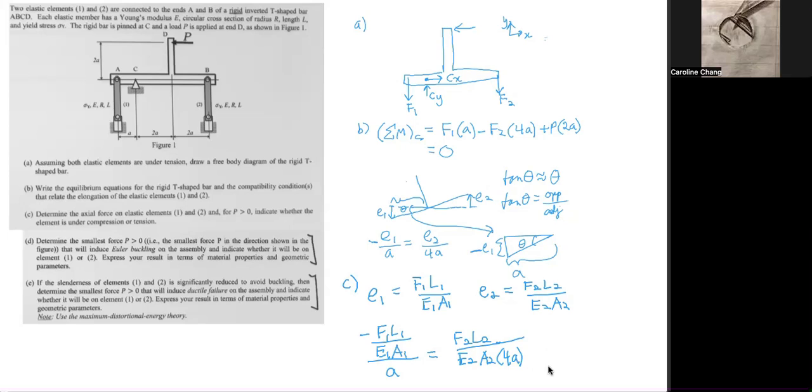And thus, the A's cancel on both sides, and we can multiply the left side by 4 to get that negative 4 F1 L1 over E1 A1 is equal to F2 L2 over E2 A2.